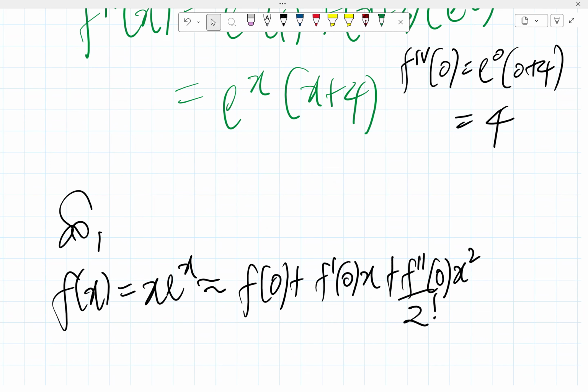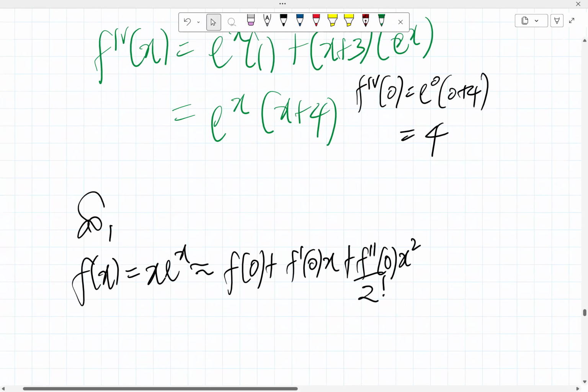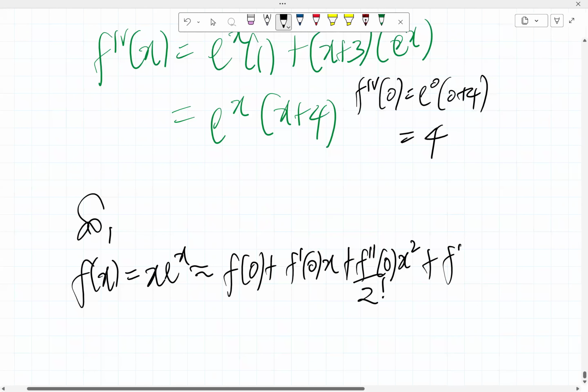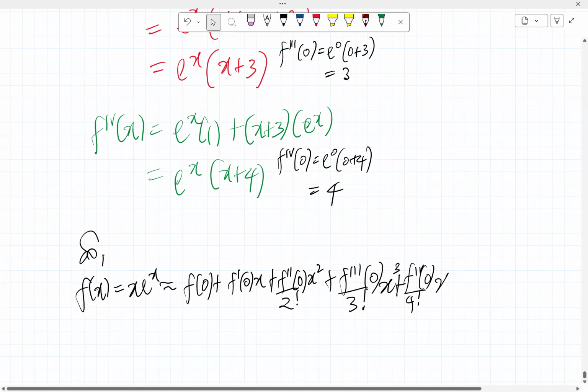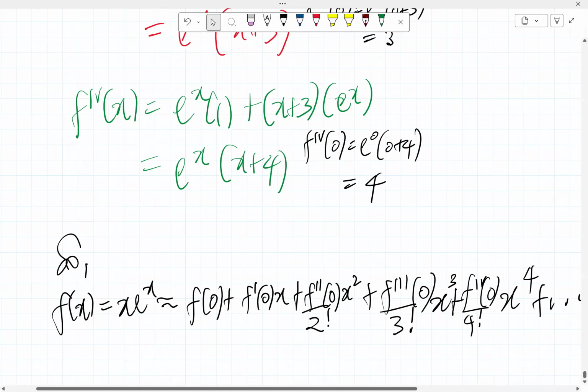Okay, we still have 2 derivatives to go. So we have plus f prime prime prime of 0 all over 3 factorial x cubed plus the fourth derivative of 0 over 4 factorial x raised power 4, and so on and so forth. So we are going to x raised power 4.